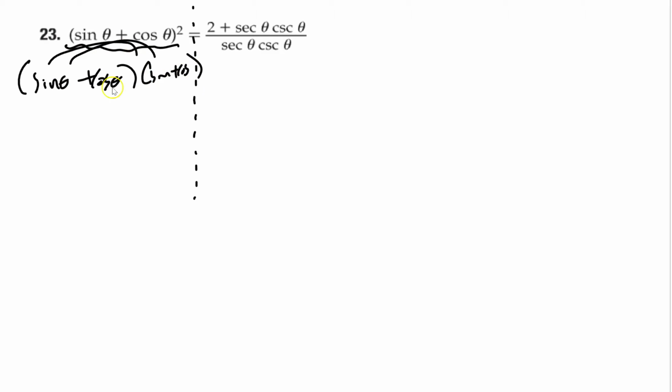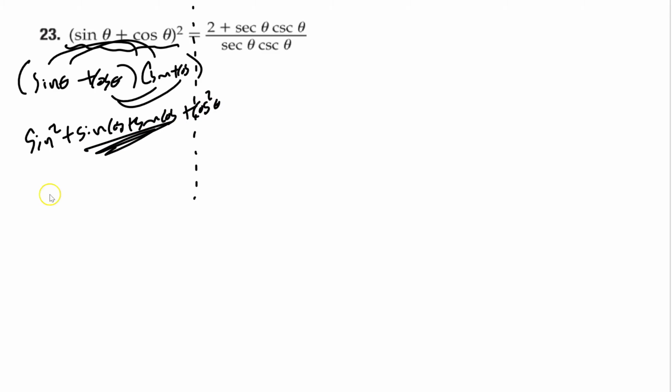Then we distribute. I'm going to get sine squared plus sine cosine plus sine cosine plus cosine squared. These two match, so you're going to get sine squared plus 2 sine cosine plus cosine squared.